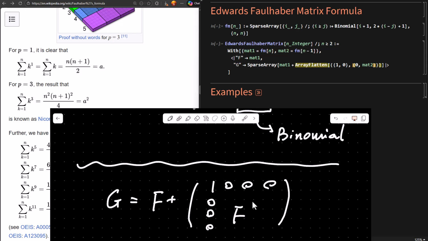Therefore, for the matrix F, you have to care about the number of terms that you need to use. The reason is 1 to 9 is the same number of terms as 2 to 10. So for this matrix to be filled in, you do have to get rid of some terms.